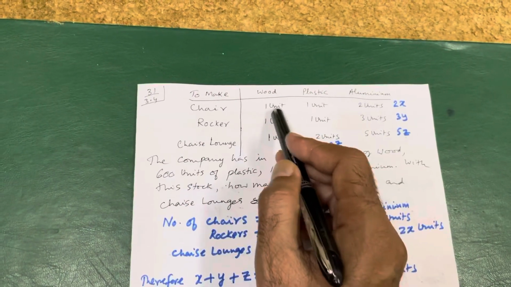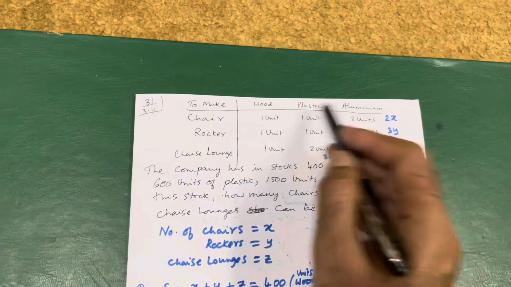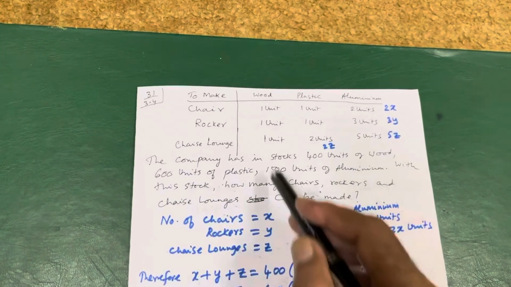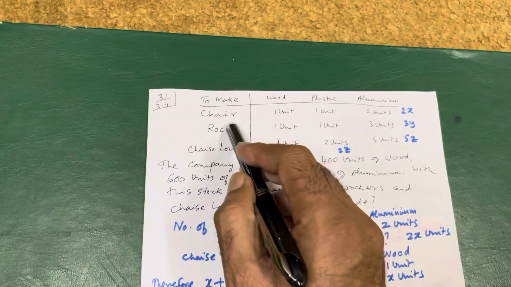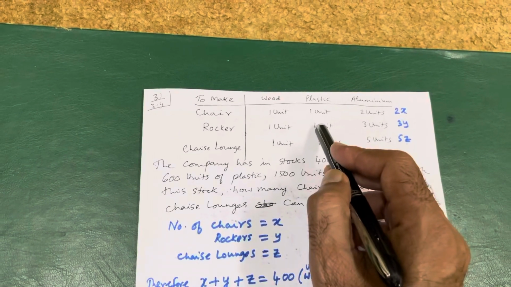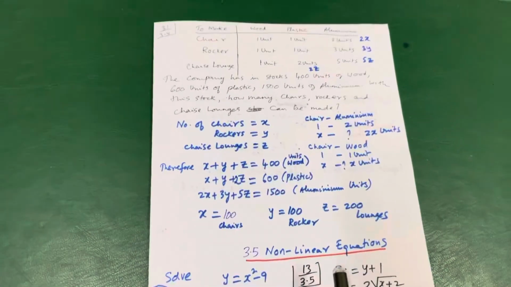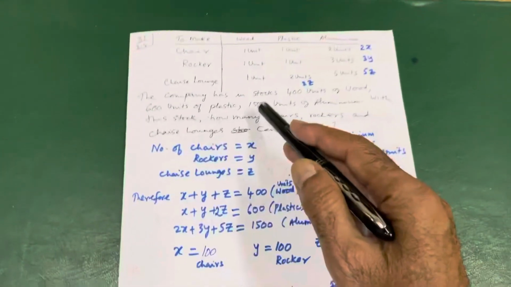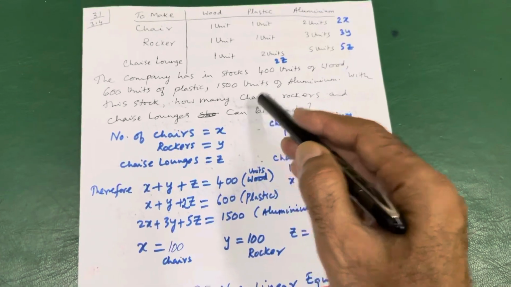So x units of wood you require, x units of plastic, 2x units of aluminum. Similarly, y units of wood is required from the factory to make rockers, and y units of plastic and 3y units of aluminum. You have to think properly. This is a very important problem, can be given in quizzes and final exams.